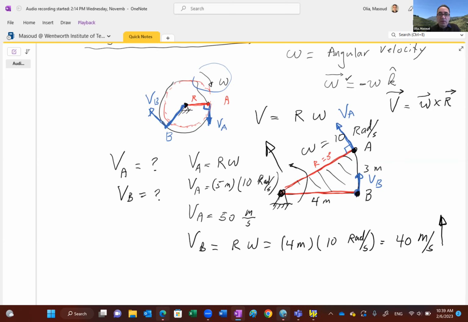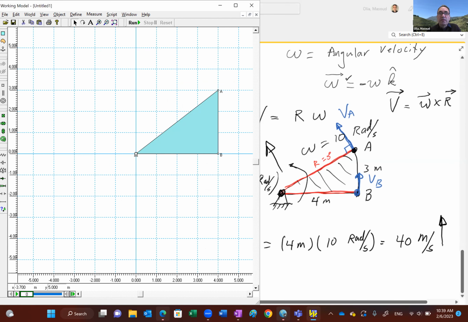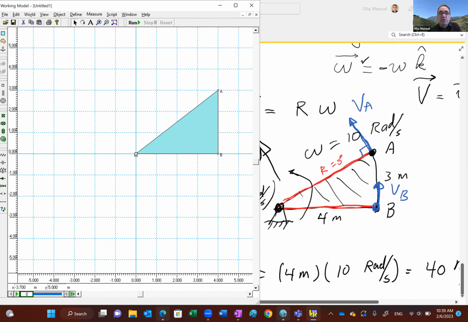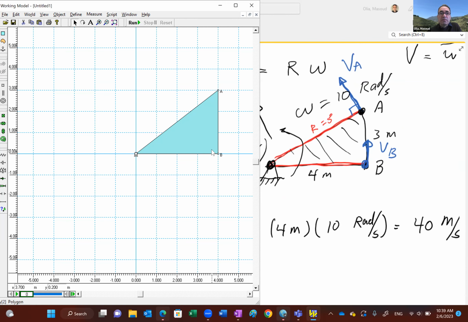All right, I have this software, Working Model, here, and I can show it to you. I've already generated these 2 points. As you can see, this is 4 meters and this is 3 meters. These grids are 1 meter each.